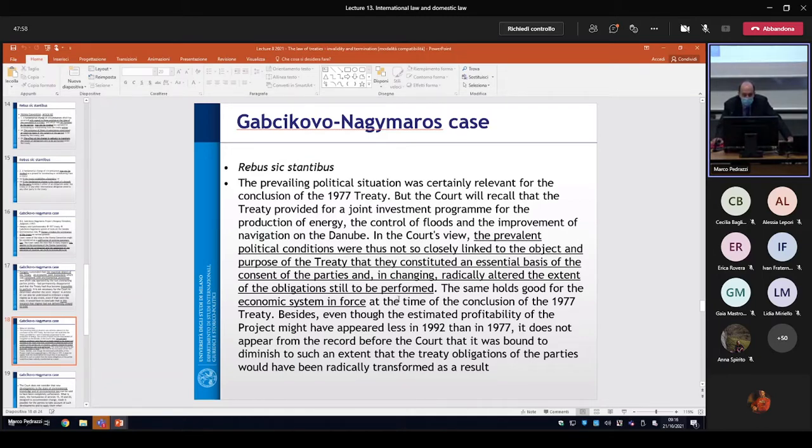The fact that it was a planned economy and it became a liberal capitalist economy. Even though the estimated profitability of the project might have appeared less in 1992 than in 1977, it does not appear from the evidence that it was bound to diminish to such an extent that the treaty obligations of the parties would have been radically transformed as a result.